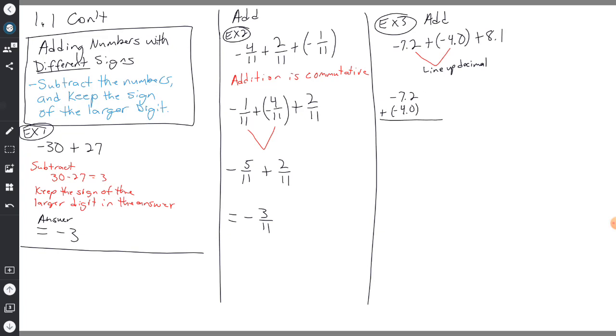So adding two negatives together, we just keep the sign. And now, if we have to line up the decimals when we are adding or subtracting, just to refresh you, what do you do if you are multiplying decimals?